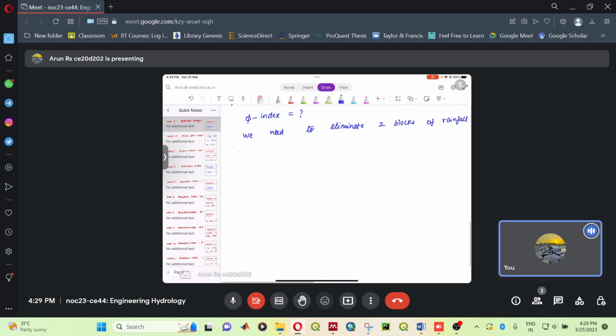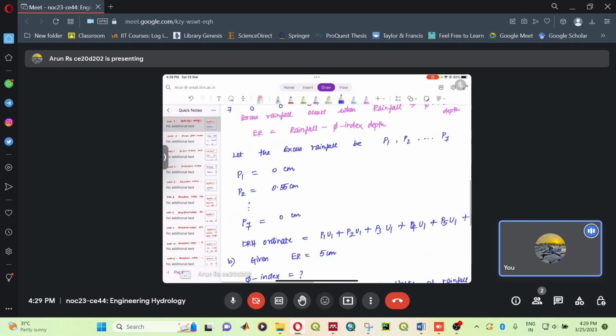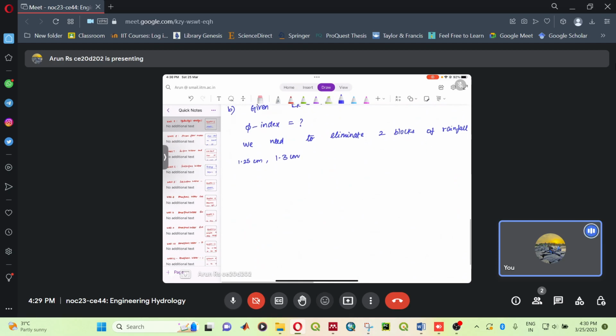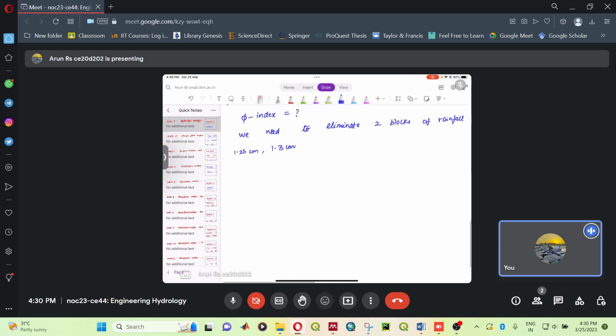That is, we eliminate the 1.25 centimeters, and the last one, 1.3. We are doing this just to find out the time of excess rainfall.